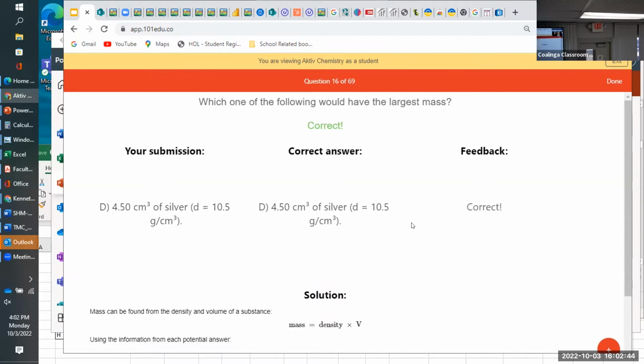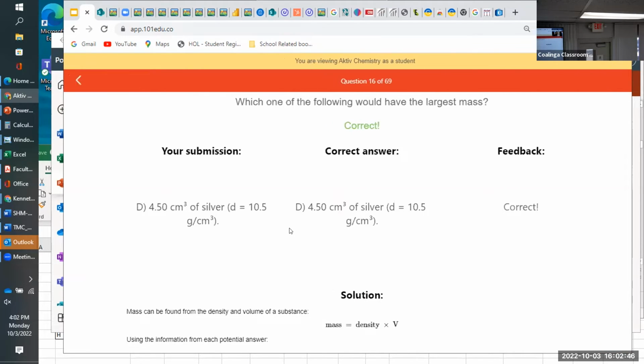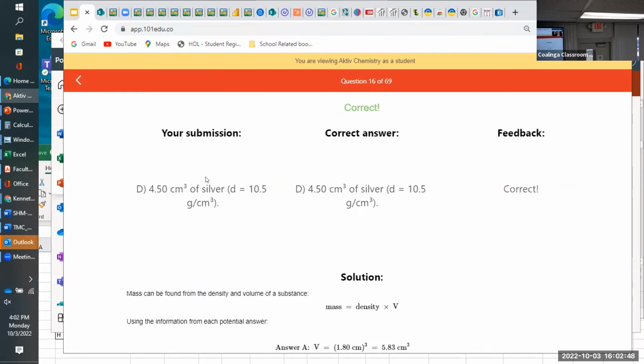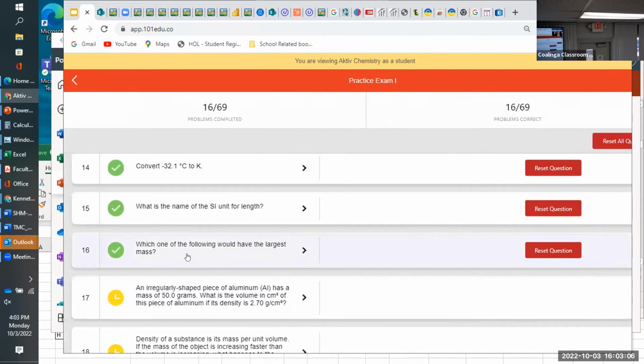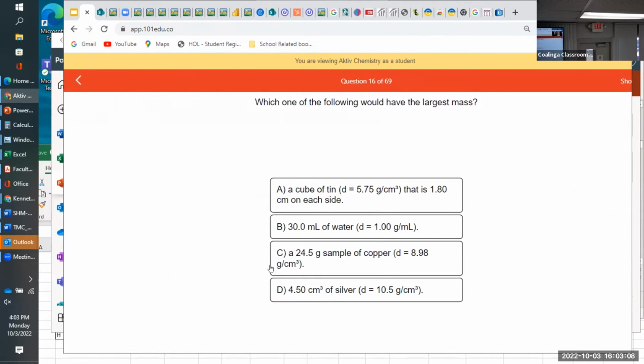So let's see how we figure this out. If we have 4.50 cubic centimeters, you multiply that times 10.5 grams, so that's gonna give me more than 40, which is greater than all of the rest. If we go back, this one is already in grams, so we don't have to multiply by anything.